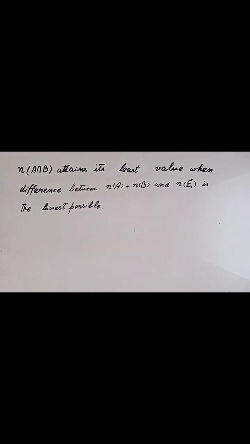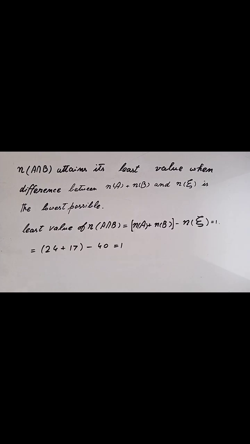And you know, in this question, the least possible value of number of members of A intersection B is equal to sum of the members of A and B minus number of members of the universal set, which comes 1, as 24 plus 17 and 40 is the number of members of the universal set. अब ये difference हमारे पास आता है 1. So the least value of number of members of A intersection B is equal to 1 in this question.